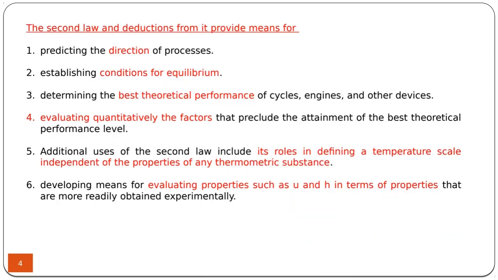So second law and the deductions from it: predicting the direction of the processes from high temperature to low temperature, establishing the conditions for equilibrium, because when for instance, temperatures become equal, we call it a thermal equilibrium.